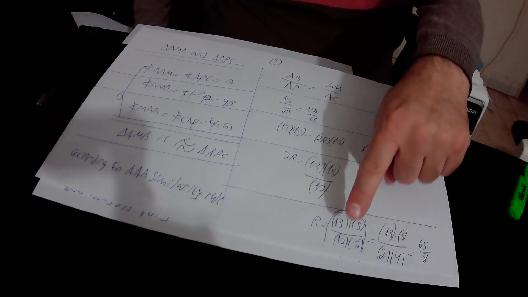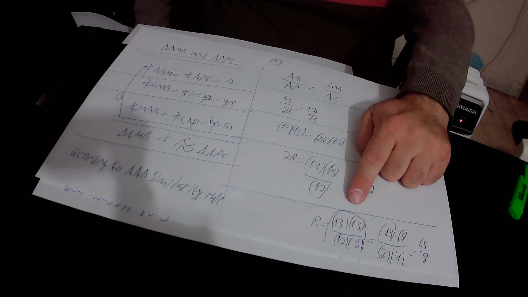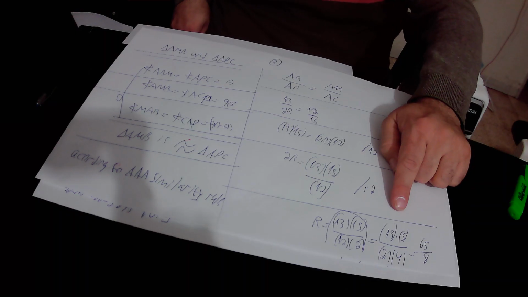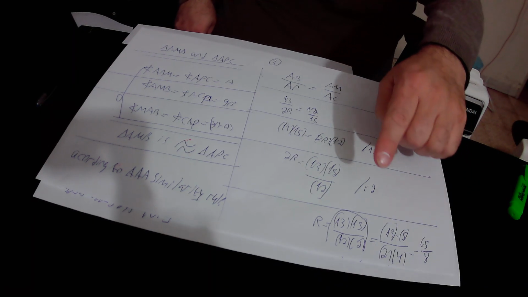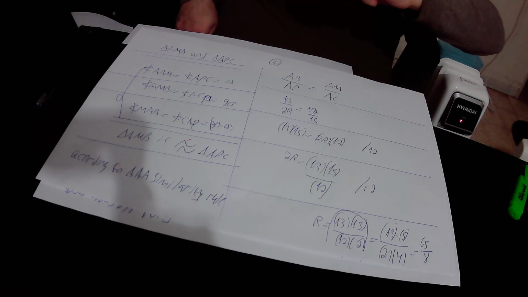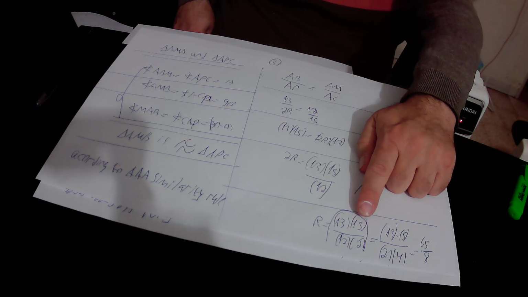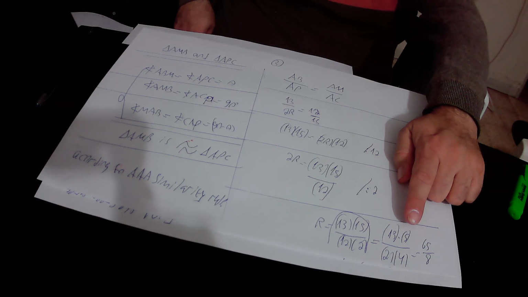We divide both the numerator and the denominator of this expression by 3. In the numerator we have 13 times 15, so 15 over 3 is 5. So in total, in the numerator we are left with 13 times 5. In the denominator we have 2 times 12, so 12 over 3 is 4.